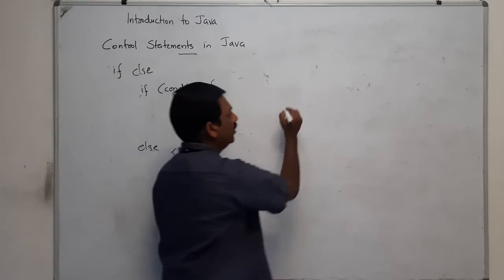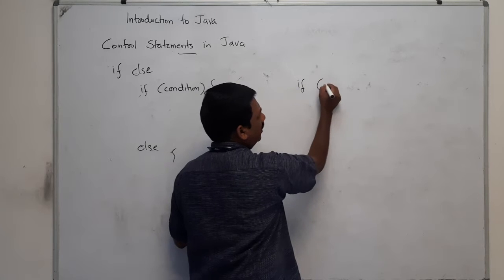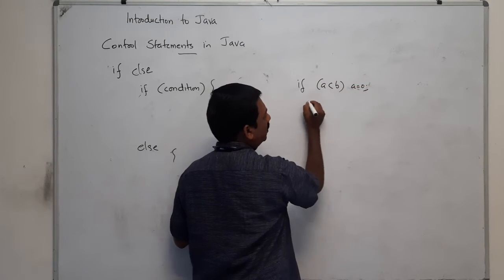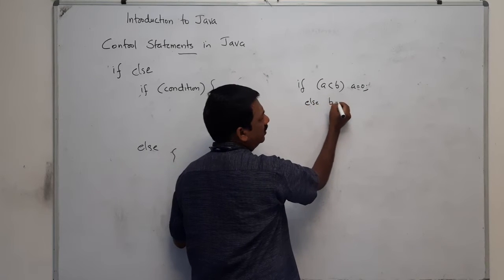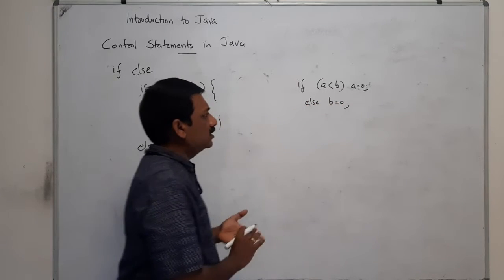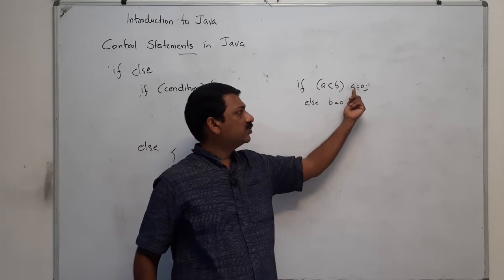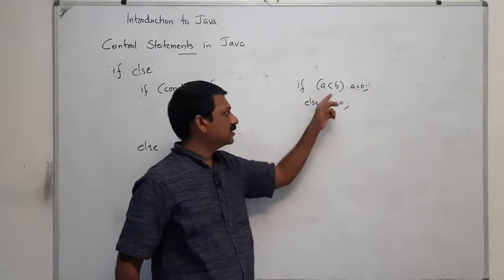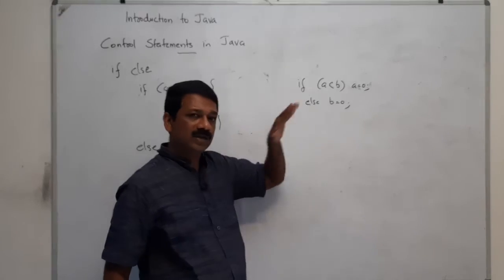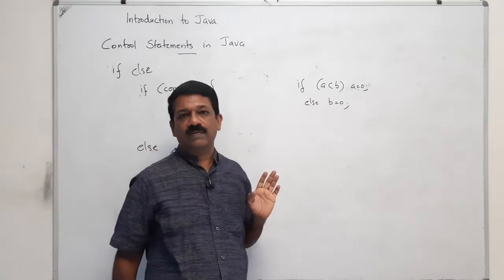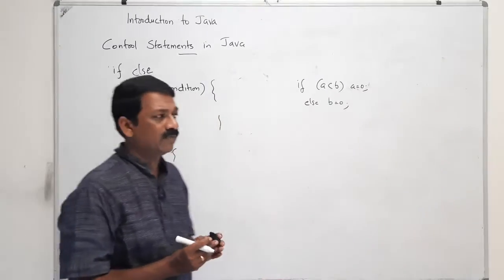For example, if a less than b, a equal to 0, else b equal to 0. If a is less than b, we execute a equal to 0. Otherwise, suppose a less than b returns false, then the else clause is executed. That is if else.